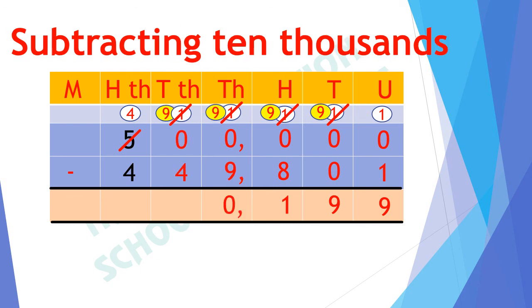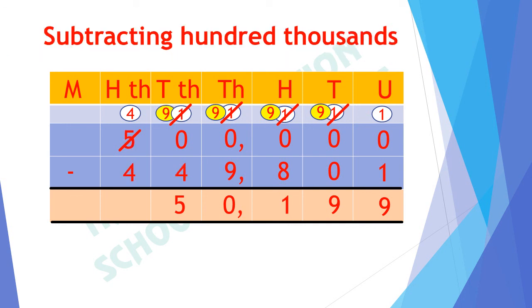Now we will move towards 10,000s. We have to subtract 4 10,000s out of 9 10,000s. Now subtract 4 out of 9 and tell me the answer. We are left with 5. Now we will move towards 100,000s.